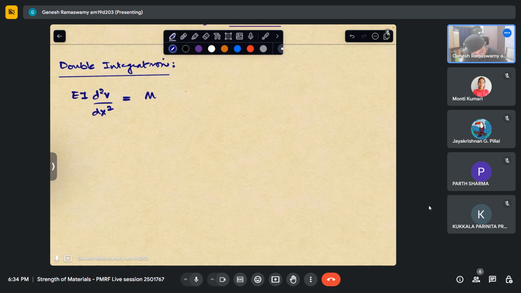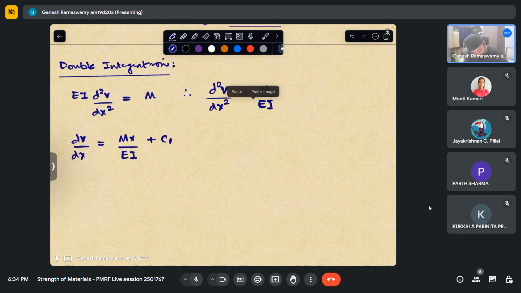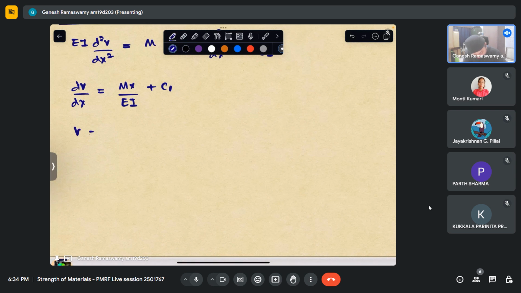So therefore d2v by dx squared is m by EI, dv by dx is mx by EI plus C1, v is mx squared by 2EI plus C1x plus C2.